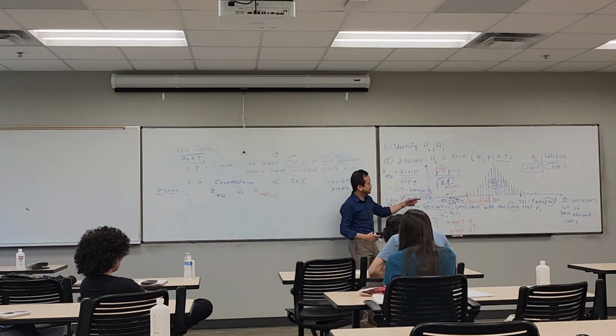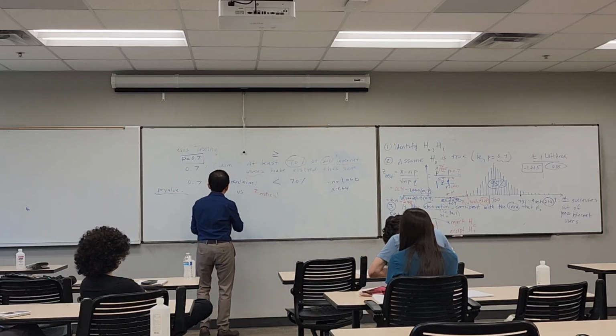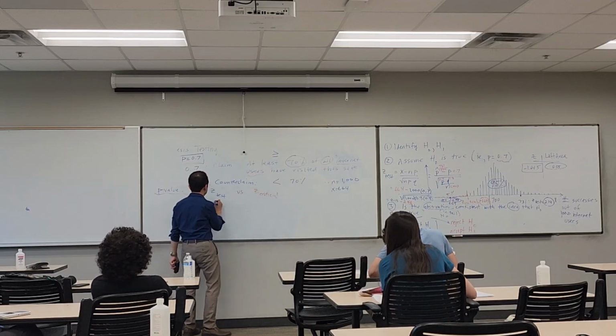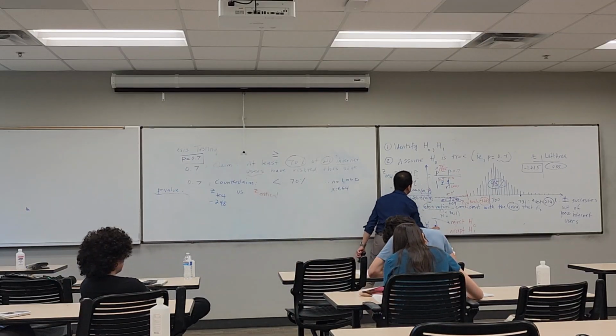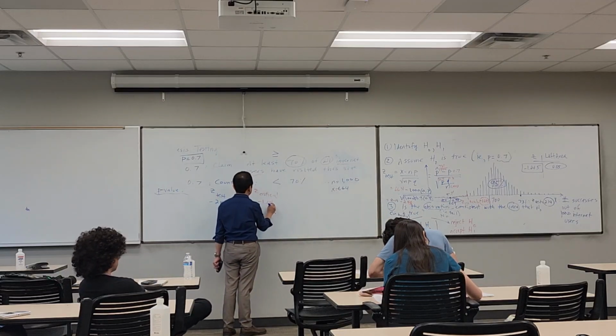Because this data point is in the left tail, we can compare these two numbers. Z-test is negative 2.48, and z-critical is negative 1.645.